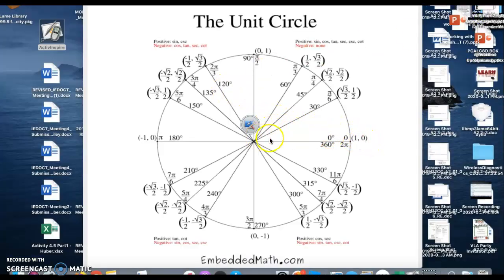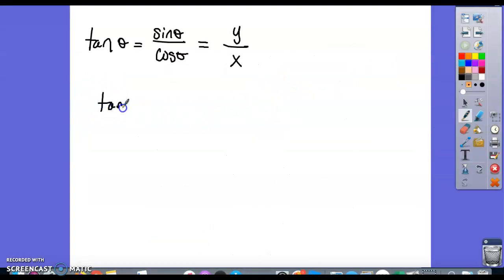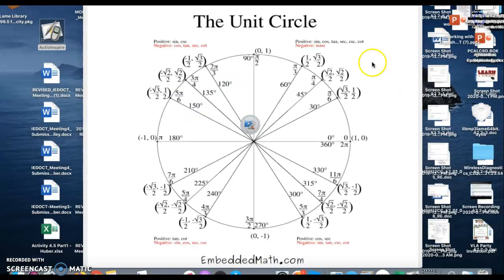When we look at this unit circle, the tangent of 0 is 0 over 1. So the tangent of 0, and I'm going to do radians, not degrees, the tangent of 0 radians is 0.